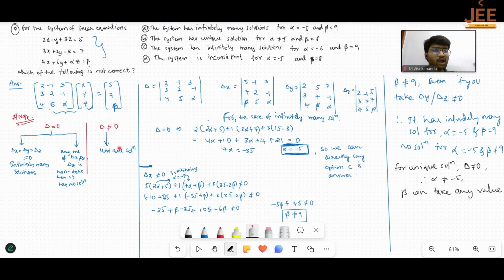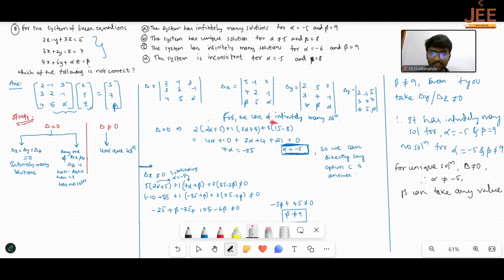After calculating delta x, delta y and delta z, if any one of them is not equal to 0, then the system will have no solution. And if delta is not equal to 0, then the system will have a unique solution.